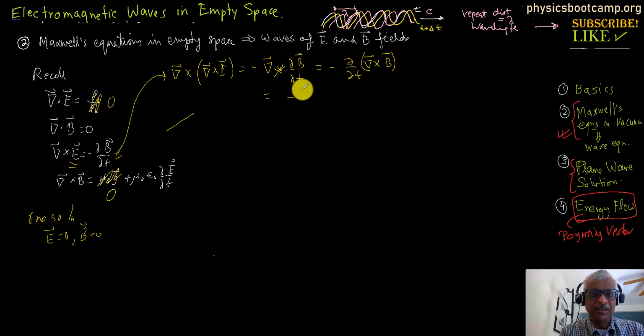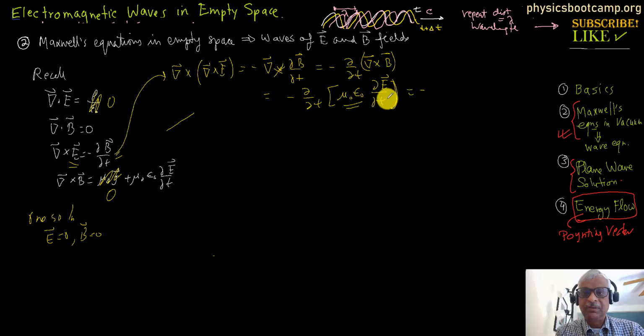You have a minus d dt of mu naught epsilon naught dE dt, and these are universal constants, both of them, so they're not varying with time. So you get d square E dt square.